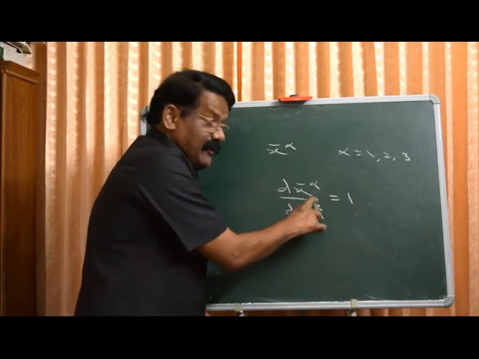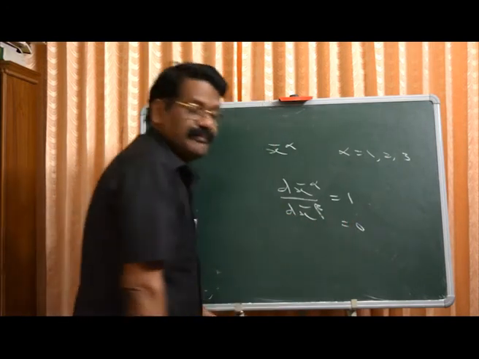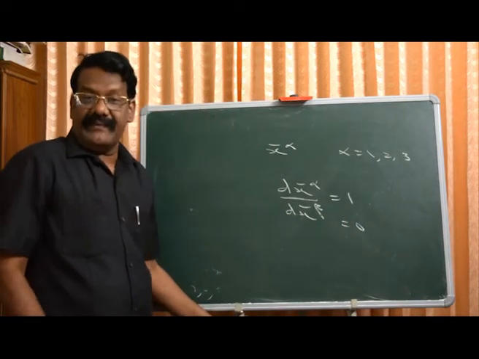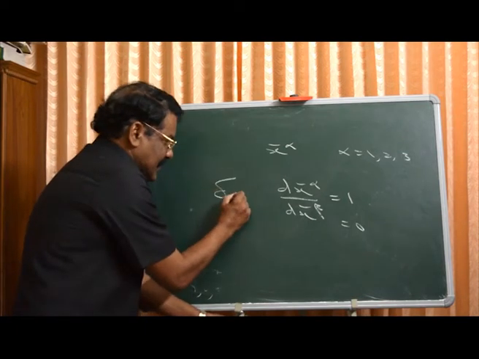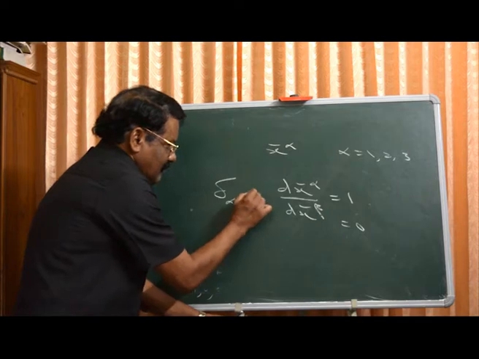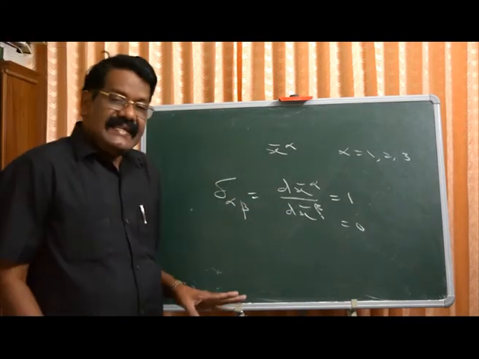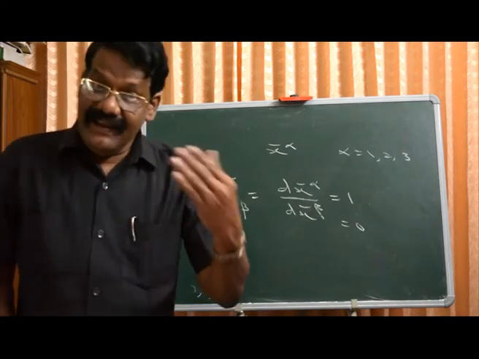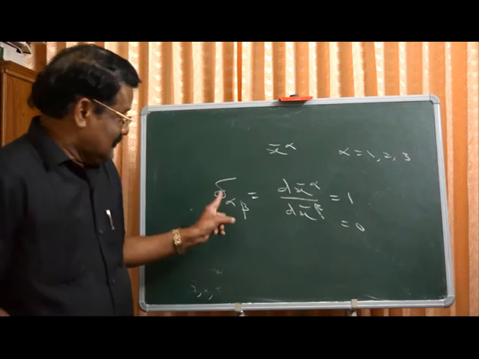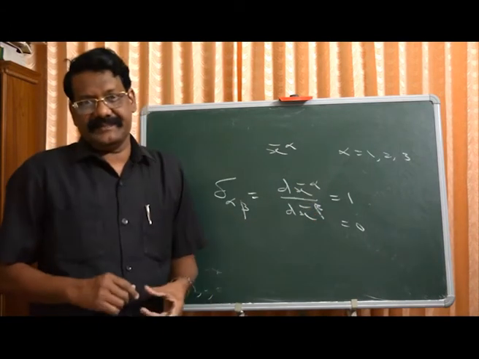If alpha and beta are different, they are always perpendicular, so this is equal to 0, exhibiting the same property of the Kronecker delta. So this can be symbolized as: delta ij is equal to dxi by dxj, and delta alpha beta is equal to dx bar alpha by dx bar beta.